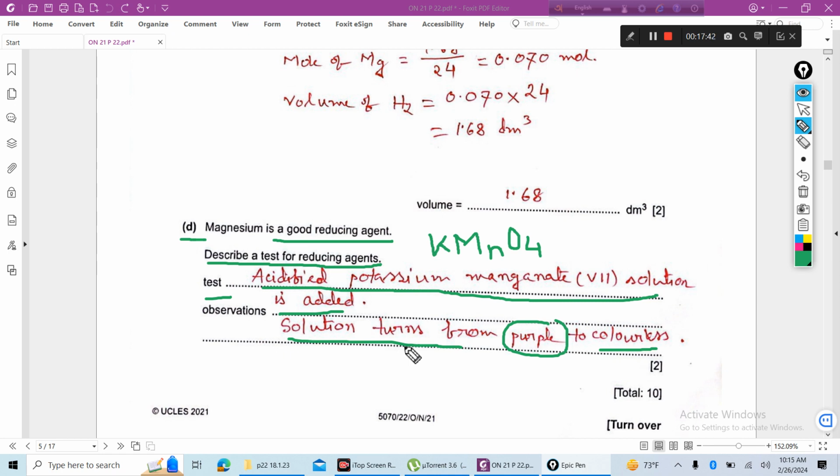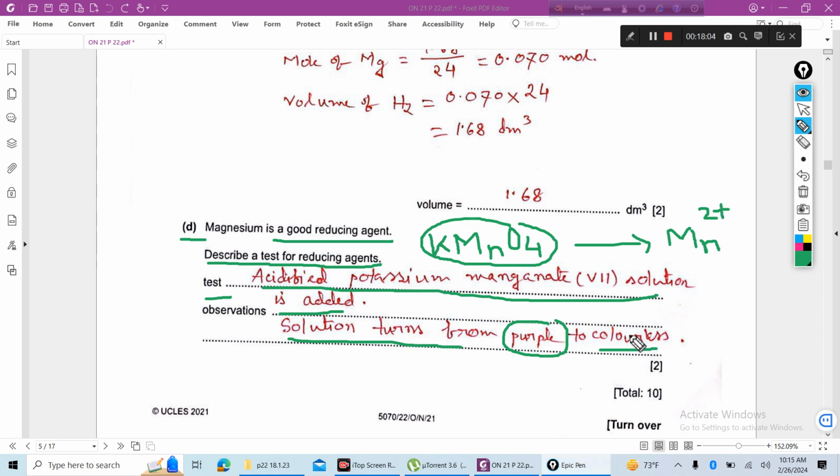The reducing agent reduces potassium permanganate to manganese 2, Mn2 plus.